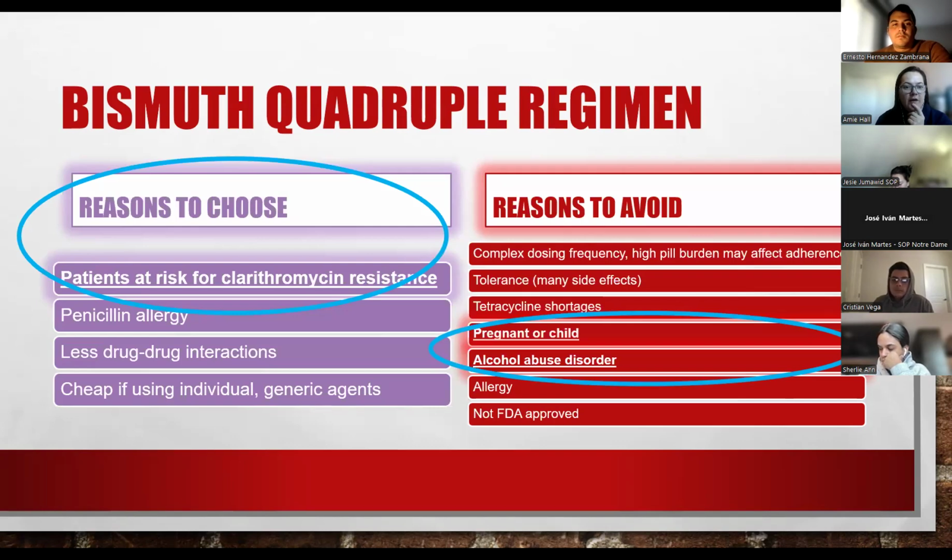This would be a good choice if our patients are at risk for clarithromycin resistance. So if the clarithromycin resistance is greater than 15%, we would choose this. So, if I were writing on this slide, but I can't right now because my screens are all messed up.